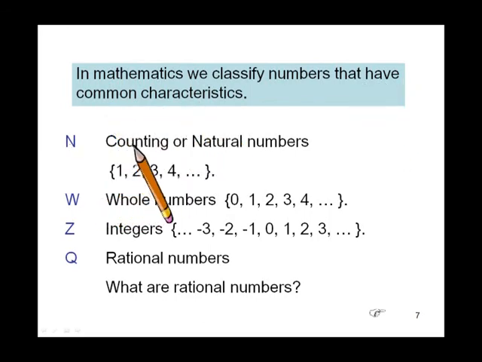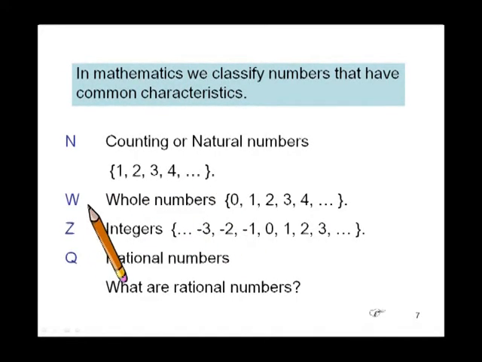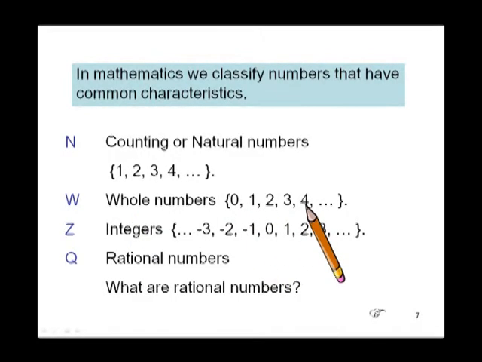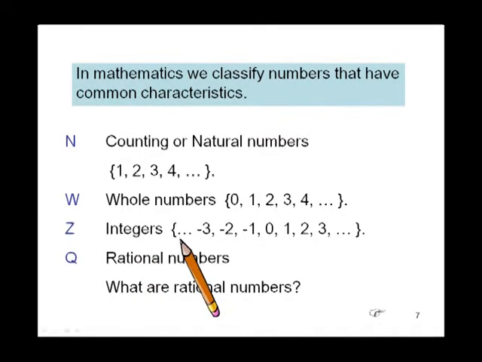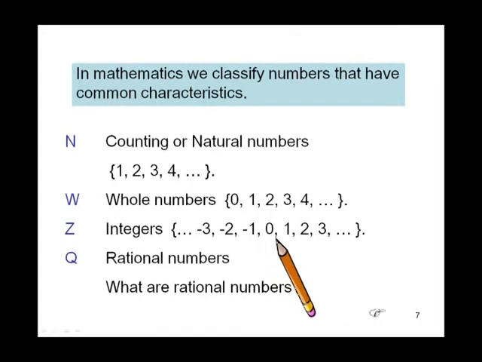N, counting or natural numbers: 1, 2, 3, 4, and so on. W, whole numbers: 0, 1, 2, 3, 4, and so on. Z, integers: -3, -2, -1, 0, 1, 2, 3, and so on.